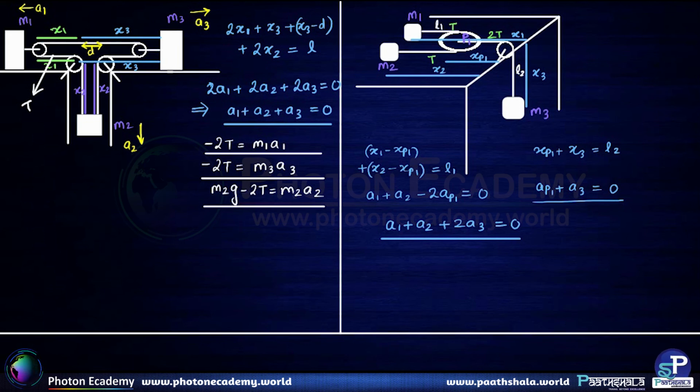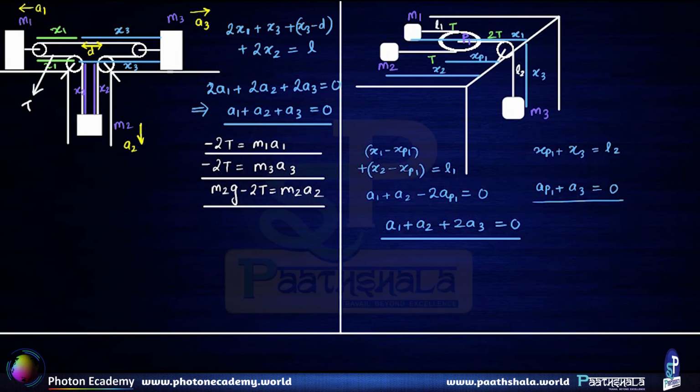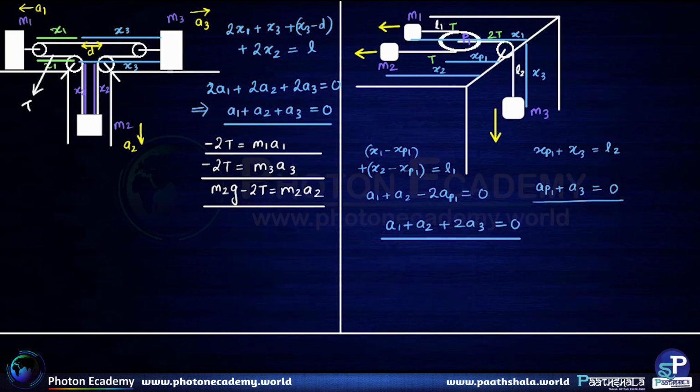Now we need to write down the Newtonian dynamical equations. For this, we'll assume a1 to be in this direction, a2 to be in this direction, and a3 to be in the downward direction. So this happens to be a1, this happens to be a2, and this happens to be a3.